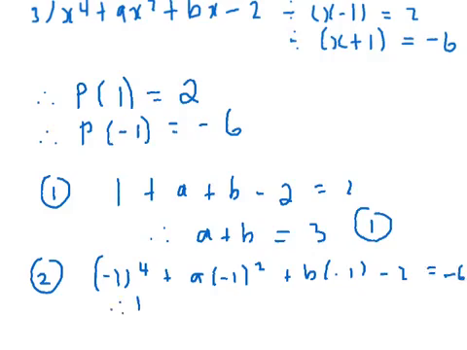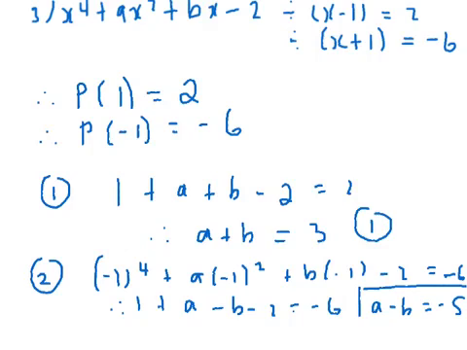So 1 plus a minus b minus 2 equals negative 6, which leads us to, in the corner, if I can squeeze it in, a minus b equals, 1 minus 2 is negative 1, so we add 1, that gives negative 5. So that's equation 2.